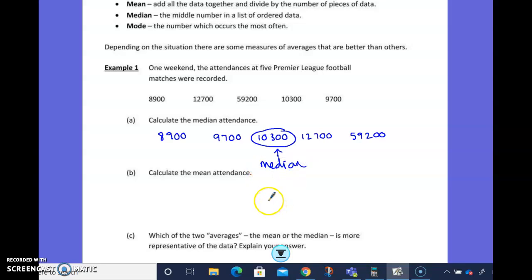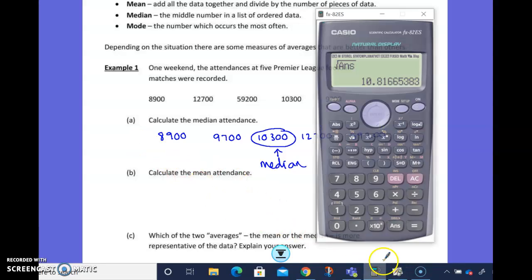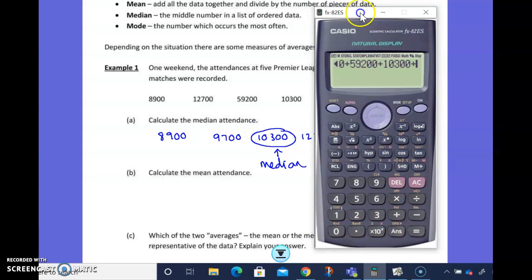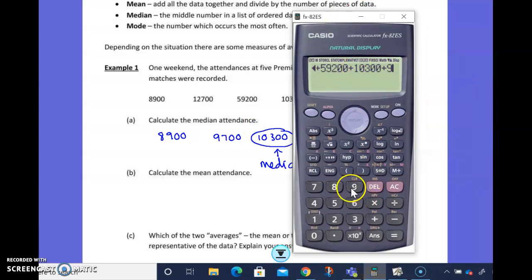The mean, to calculate the mean, we add them all up. So we do 8,900 plus 12,700 plus 59,200 plus 10,300 and the last one's hiding from me, 9,700.